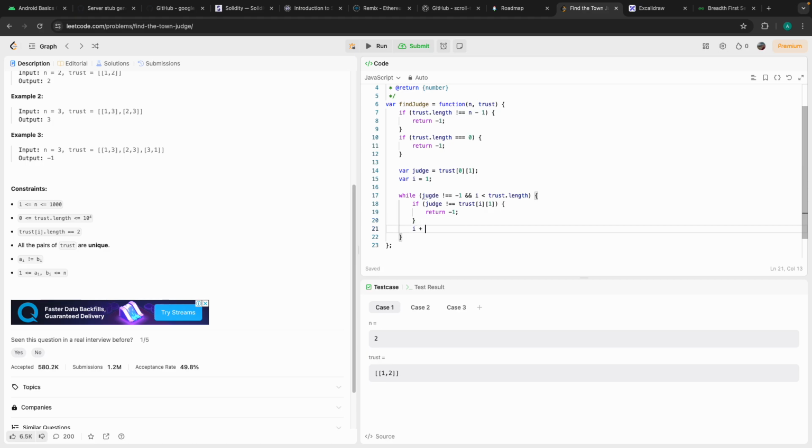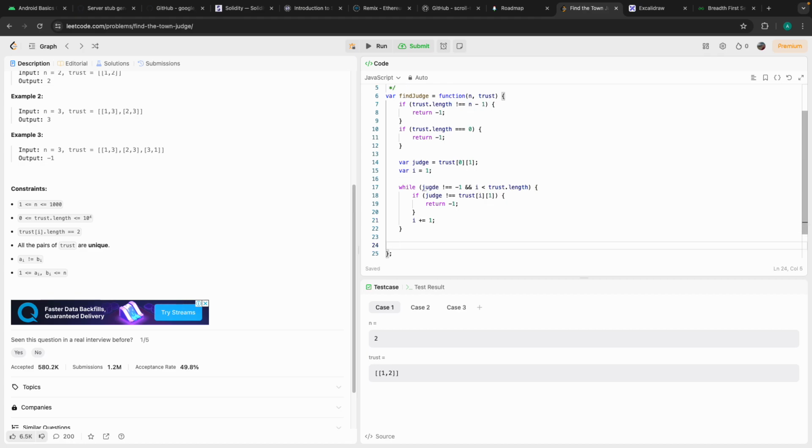We just increase i, and in the end return judge, and that's it.